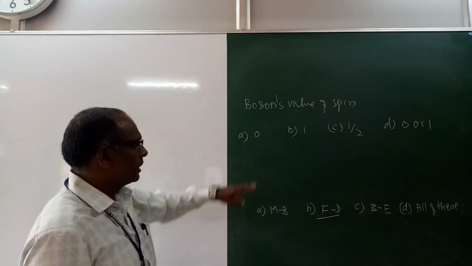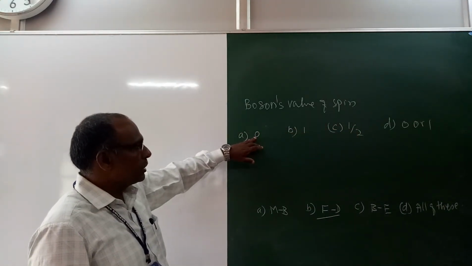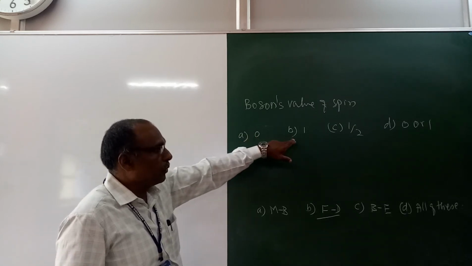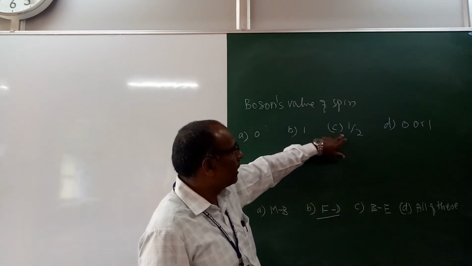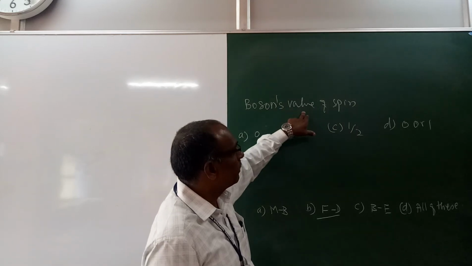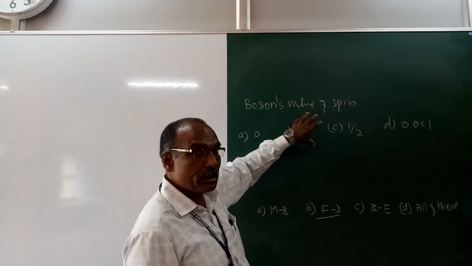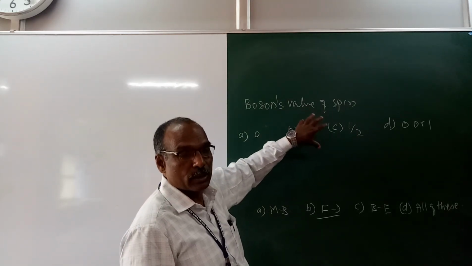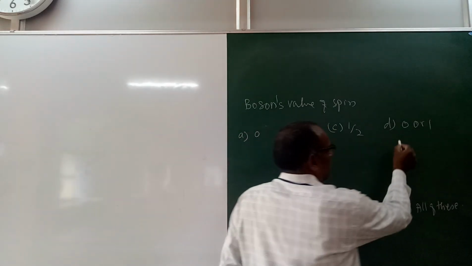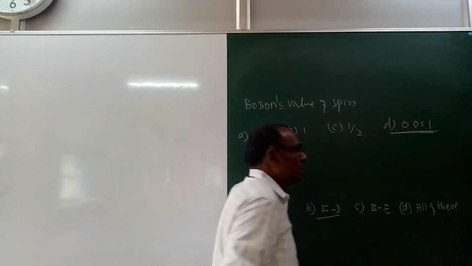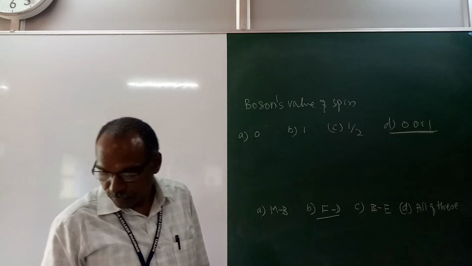What will be the answer? It can't be 0 alone, it can't be 1 alone, it can't be half, because bosons have integer spin. 0 or integer spin, and this is the correct answer here, 0 or 1.